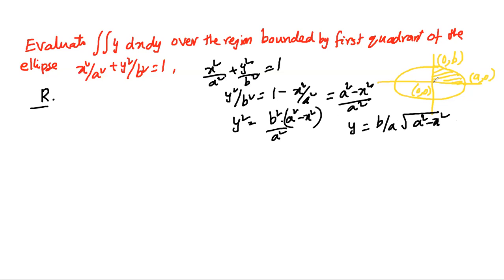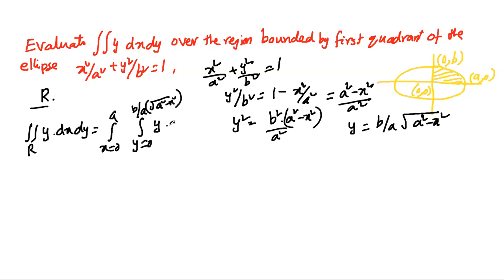Now y is equal to b by a square root of a square minus x square.